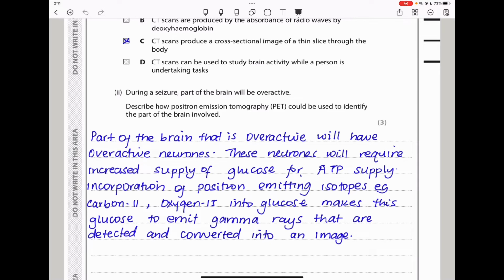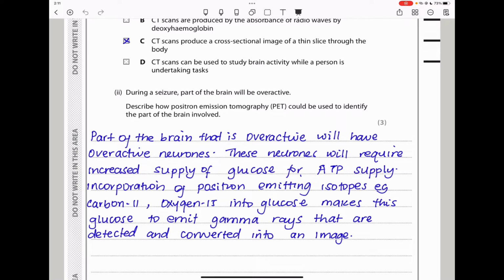However, to do this, they have to use an isotope that can emit radiation in order for that radiation to be tracked. So here I say, part of the brain that is overactive will have overactive neurons, or basically the neurons in that area are going to be taking up more nutrients in order to provide ATP through respiration. So these neurons will require an increased supply of glucose for ATP supply.